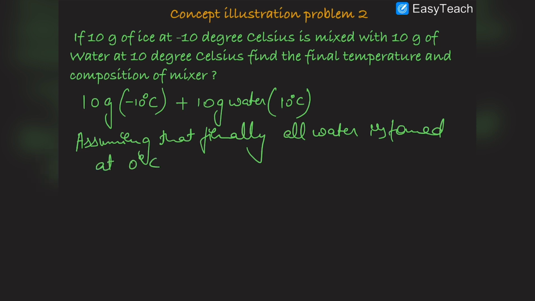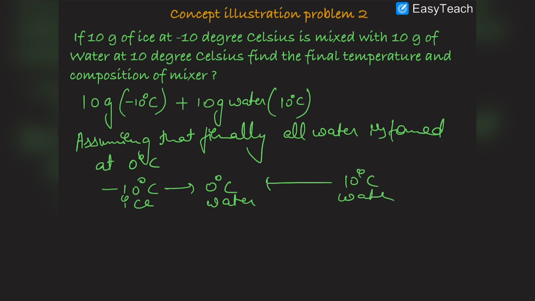We are assuming that finally all water is formed at 0 degrees Celsius. So ice would be coming from minus 10 degrees Celsius to 0 degrees Celsius water, and water would be coming from 10 degrees Celsius to 0 degrees Celsius water.